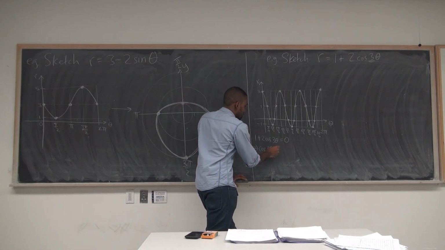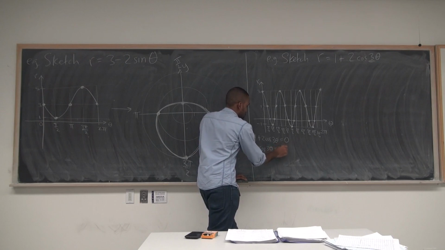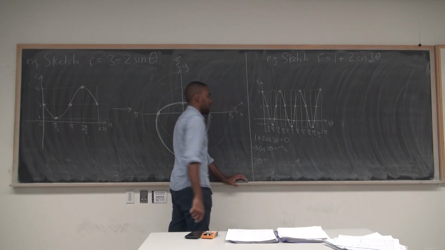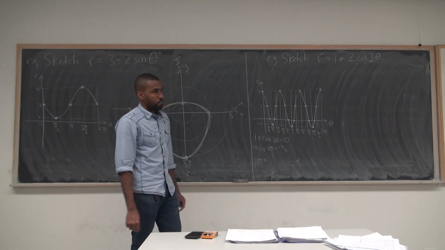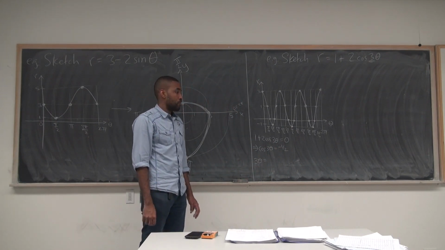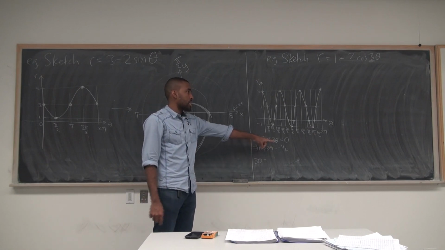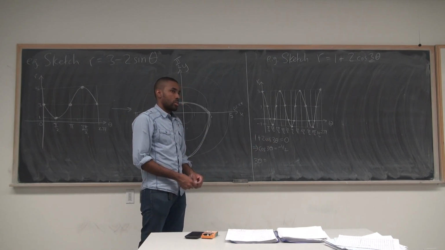Cosine 3 theta equals minus a half, which means 3 theta must be equal to what? No, cosine pi over 3 is positive a half. 4 pi. Which one?